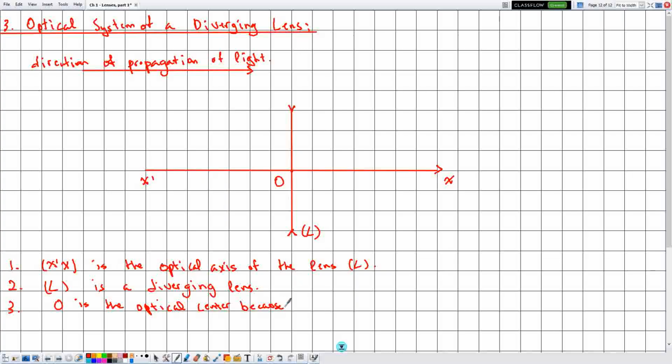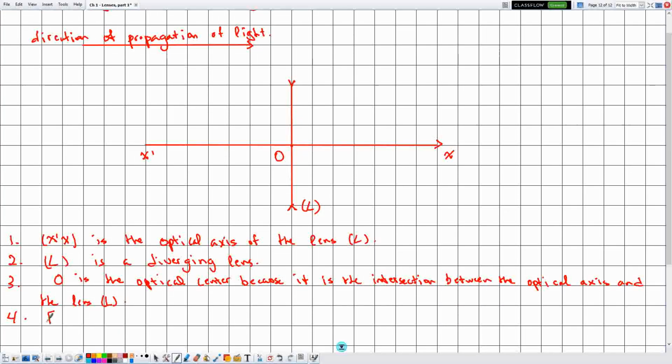Because it is the intersection between the optical axis and the lens L. Till now nothing is different except for the symbol. Now we need to introduce the object focus and the image focus in order to define the focal length. Then let F be the object focus. F is the object focus.